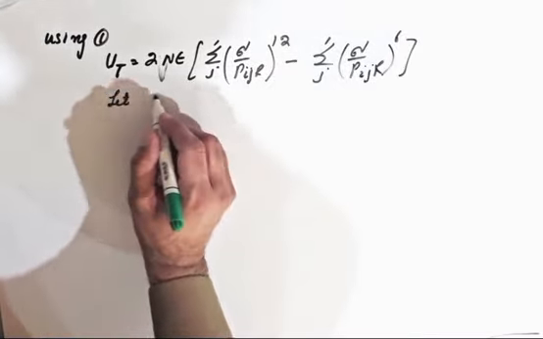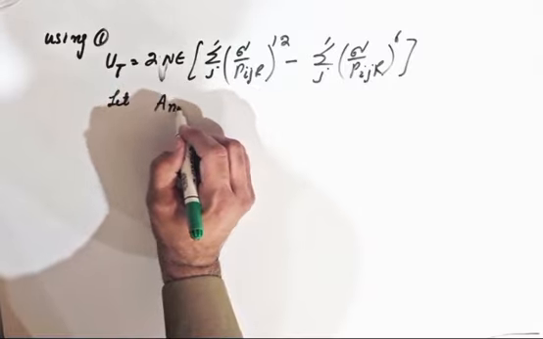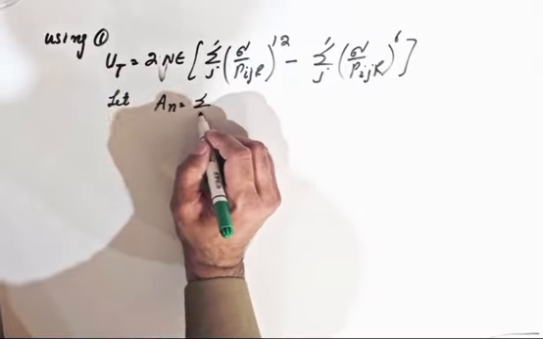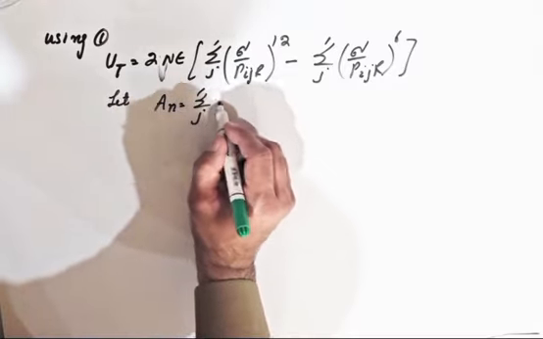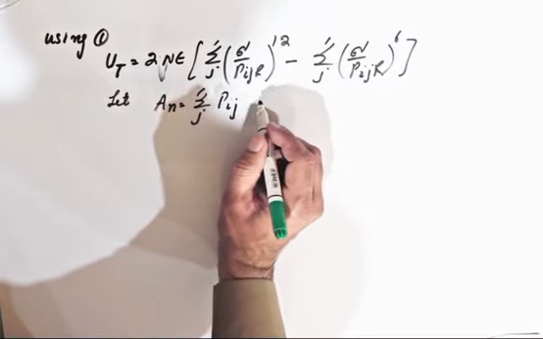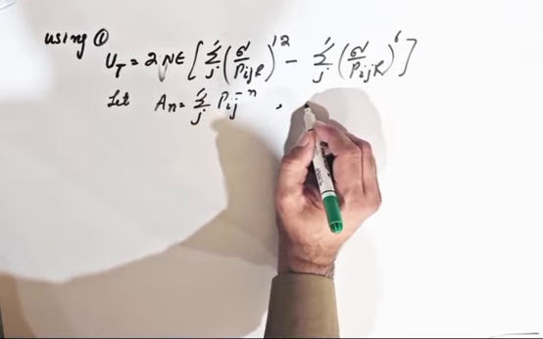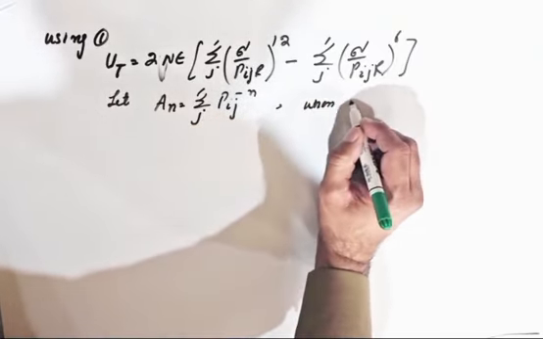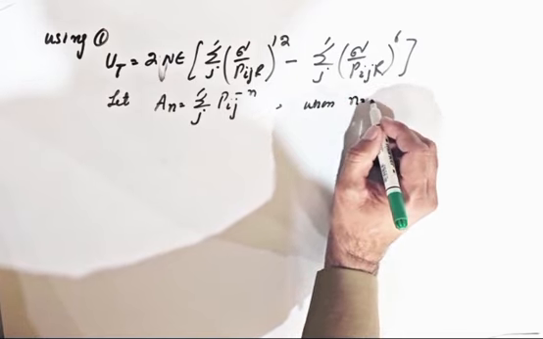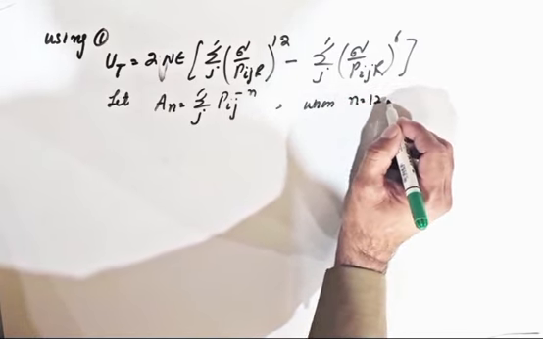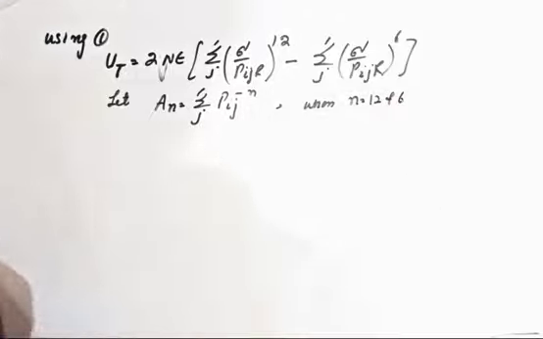Let An be defined as summation over j of Pij to the power minus n, where n is equal to 12 and 6.